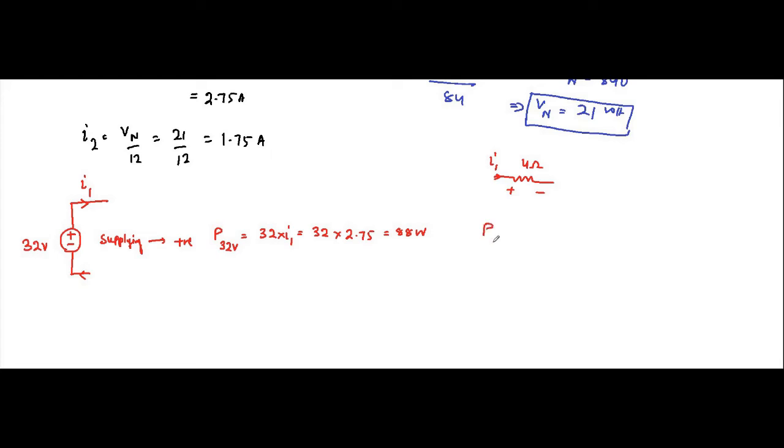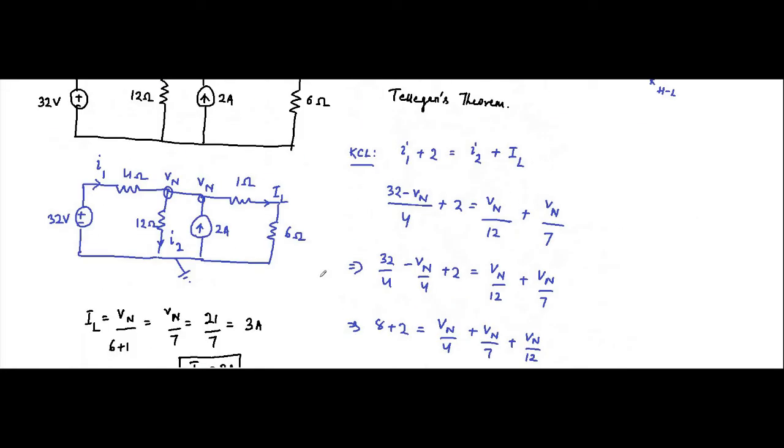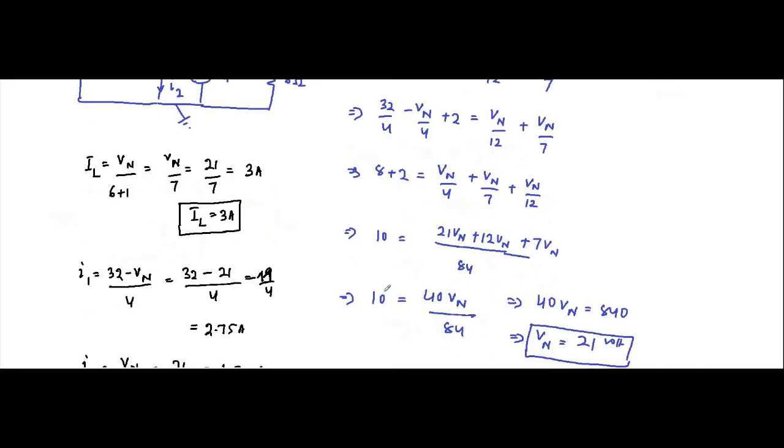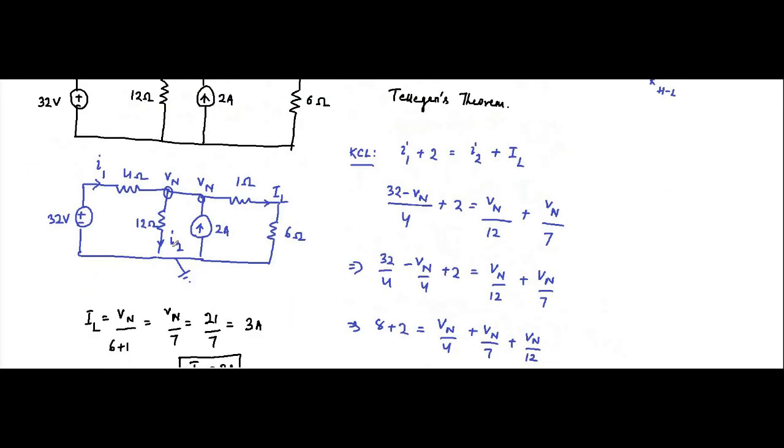So the power absorbed by the 4 ohm resistor is equal to minus of I1 square into 4 ohm, which is minus 2.75 square into 4, which is equal to 30.25 watt, minus 30.25 watts.